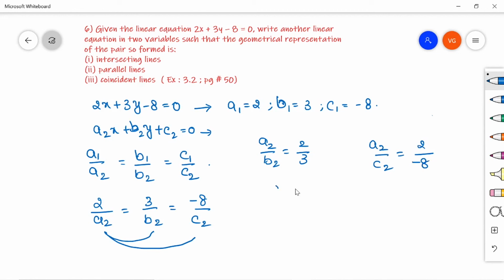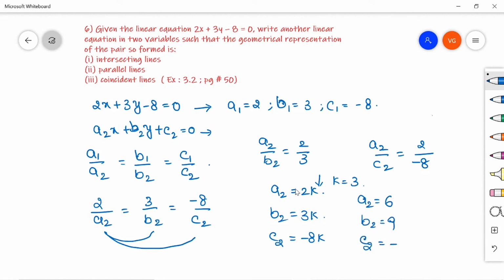Now I can write a2 is equal to 2k, b2 is equal to 3k, c2 is equal to minus 8k. Any k value can be taken. Suppose k is equal to 3, then a2 will be 6, b2 will be 9 and c2 is equal to minus 24.